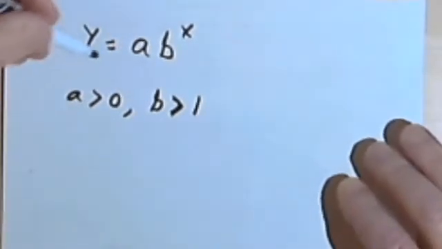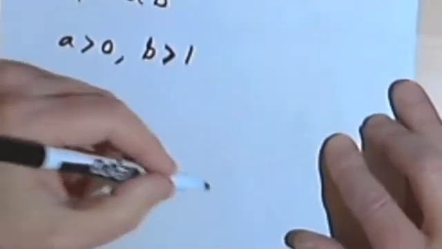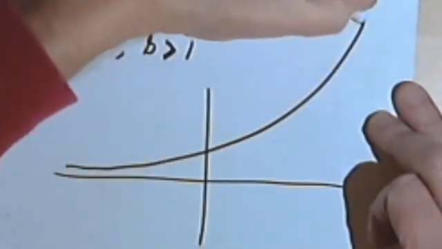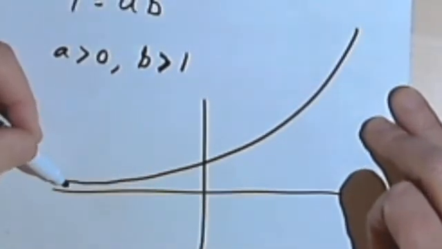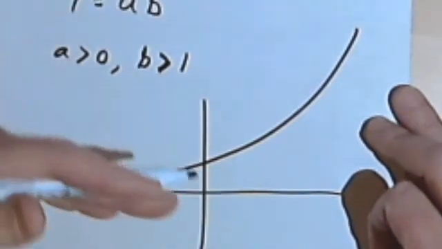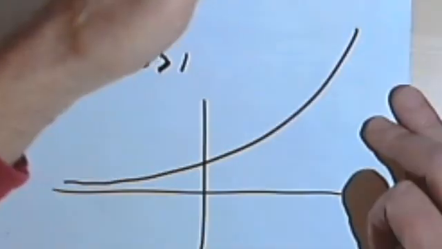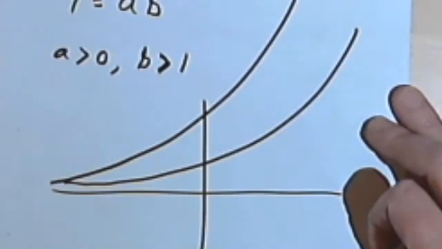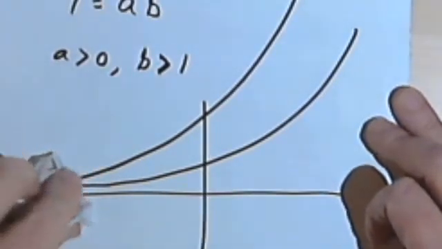So in other words, if a is greater than 0 and b is greater than 1, the general shape of my graph is going to be a curve that curves upward as we go from left to right. As a gets bigger, this curve may become steeper. It may become more exaggerated, like this. But it's going to be the same basic curve.